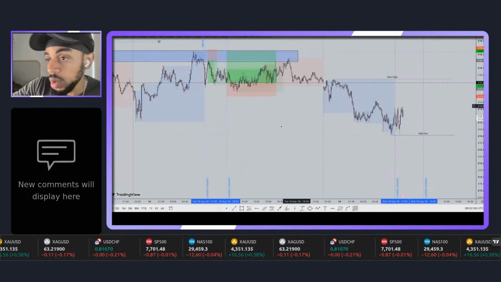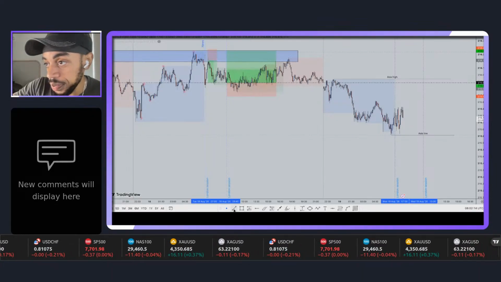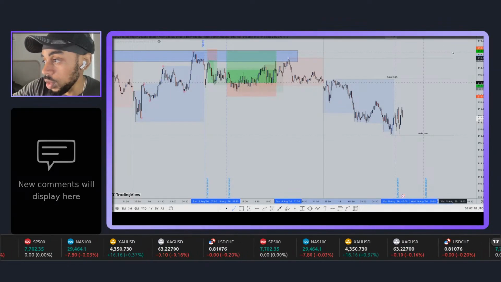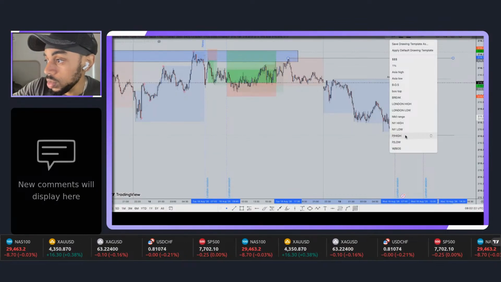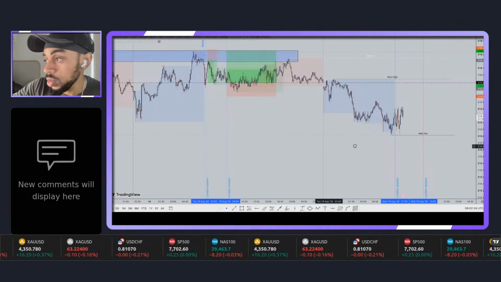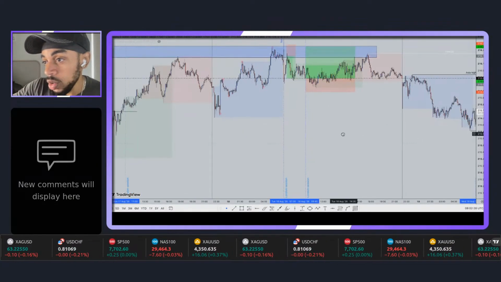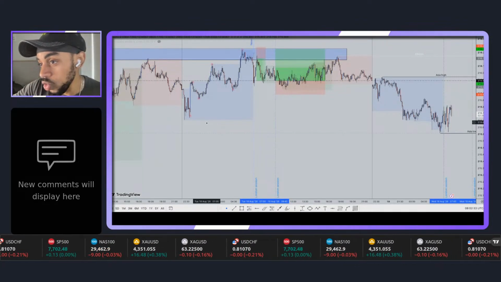At the same time, we can mark out a few more things. We can mark out our previous day high, which is all the way up here. We can also mark out Tuesday's low.